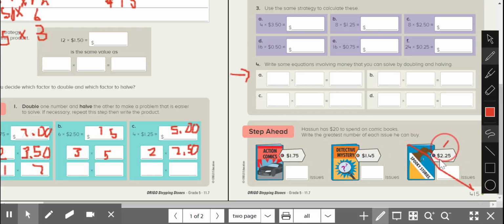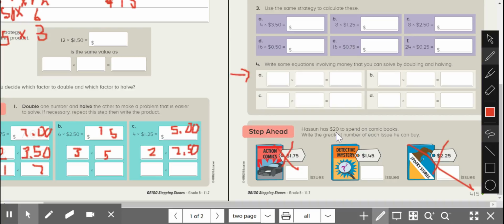So I really don't need to figure out that answer or this answer. The only one that I need to come up with a number of issues I can buy would be dividing $1.45 into $20. And let's see, does the double and half strategy work with this?